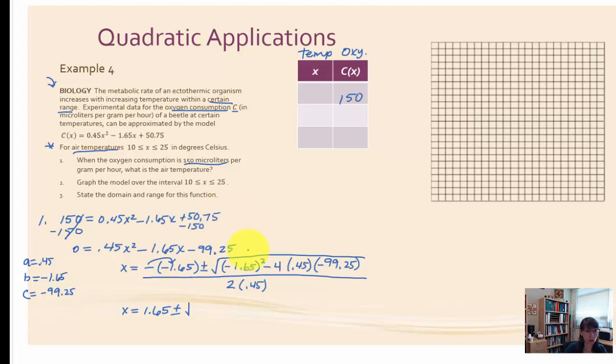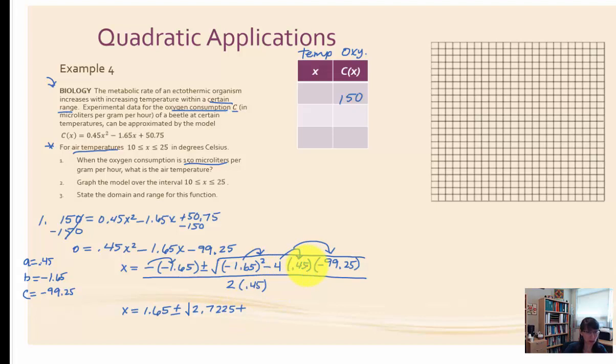So we're going to square this quantity of negative 1.65, and that will give us 2.7225. Our three factors: negative 4 times 0.45 times negative 99.25. Since we have two negatives, I know that I'll be adding something.